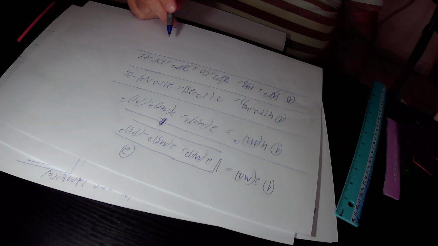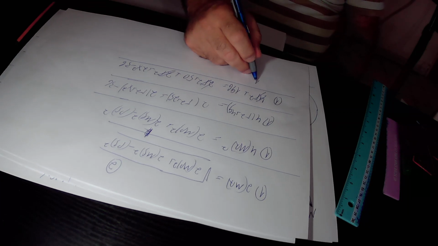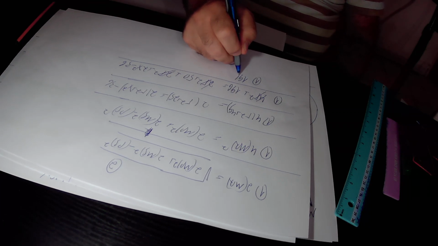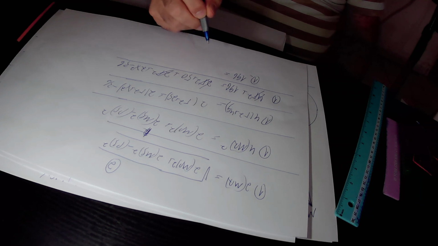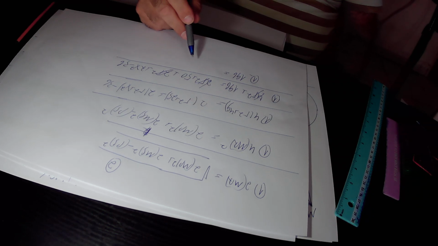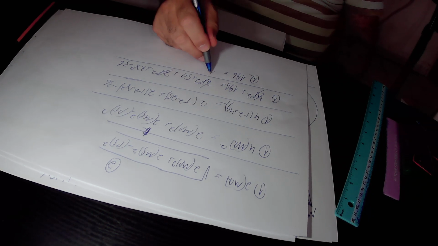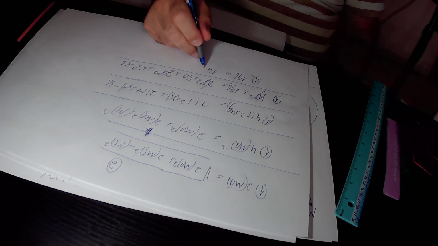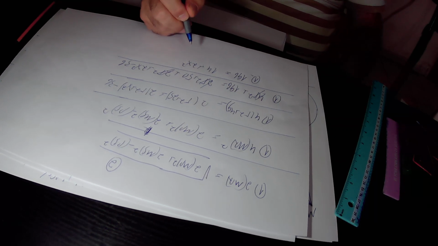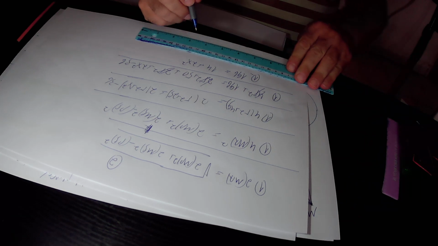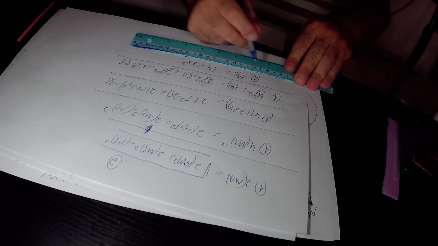So after we cancel 4r squared, on this side of the equation we are left only with 196. And it is equal to, on the other side, 50 minus 36 is 14, plus 2x squared. So in total, according to equation 1, 196 equals 14 plus 2x squared.